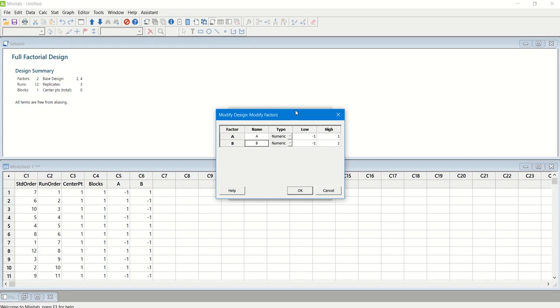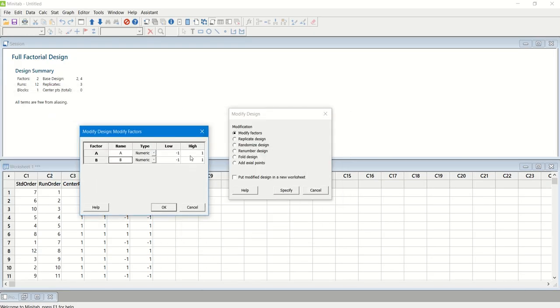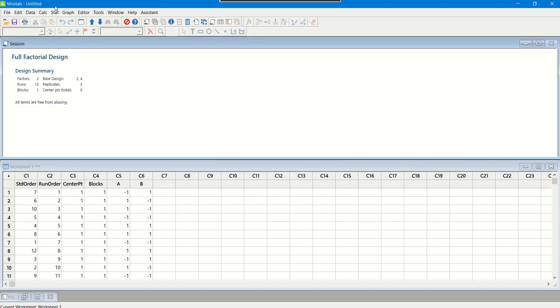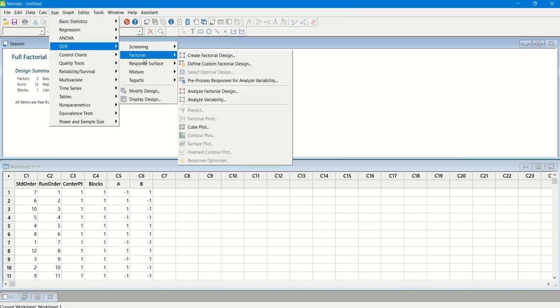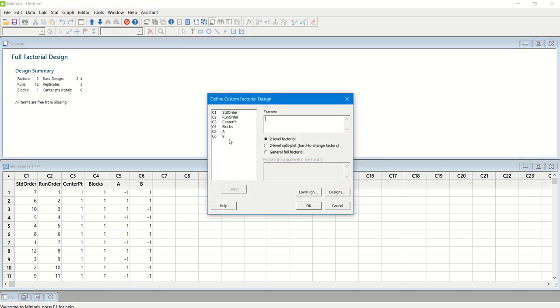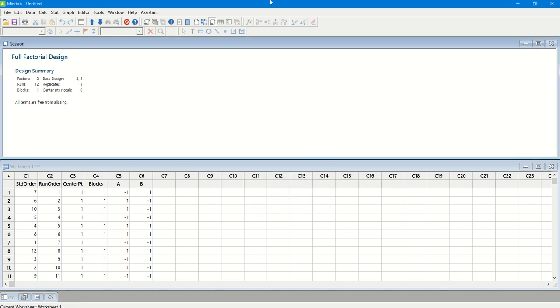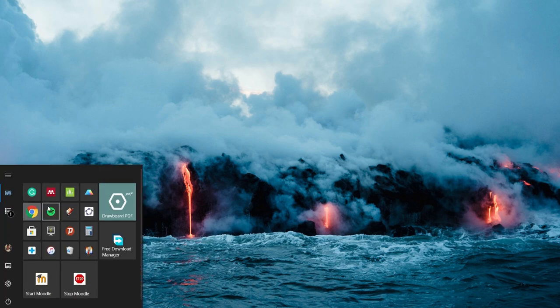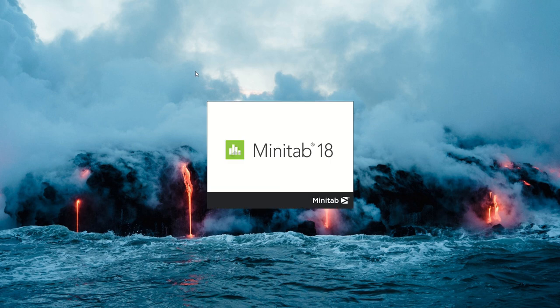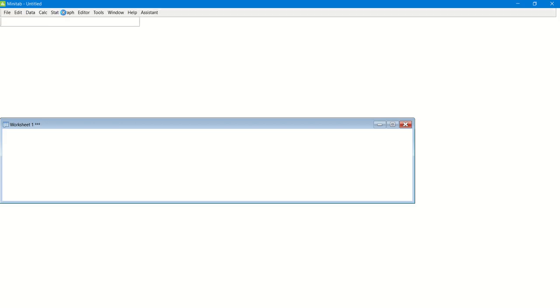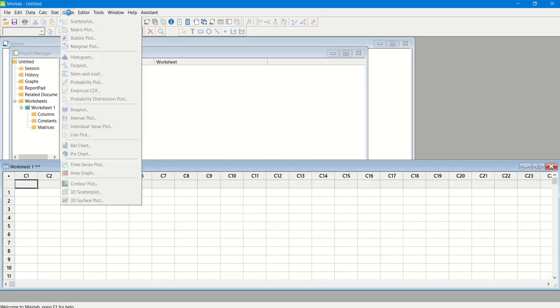Forgot this one. Wait lang. No. General nga pala yun. I remember now. Start.